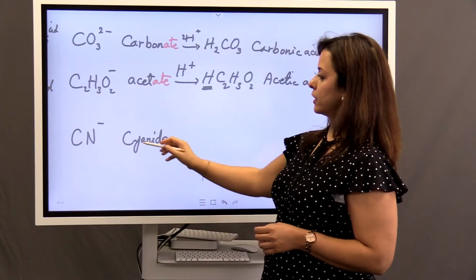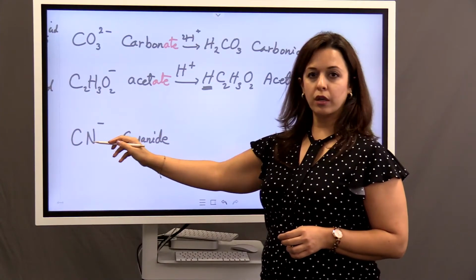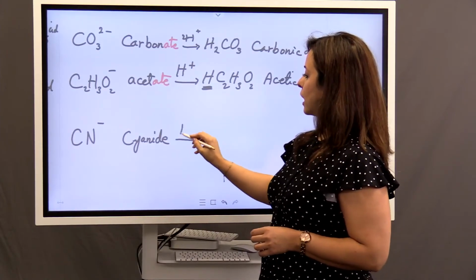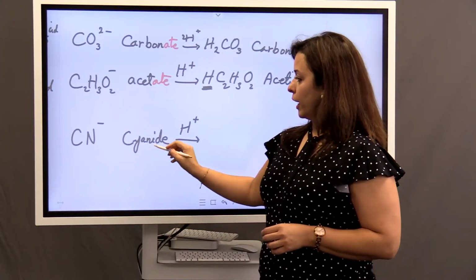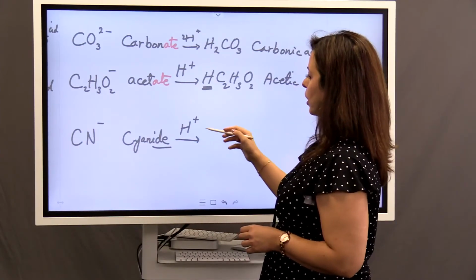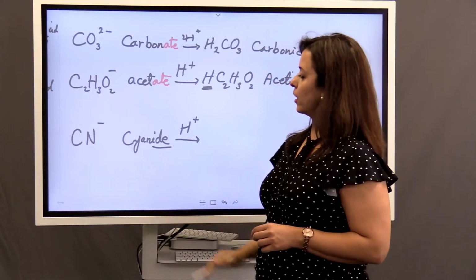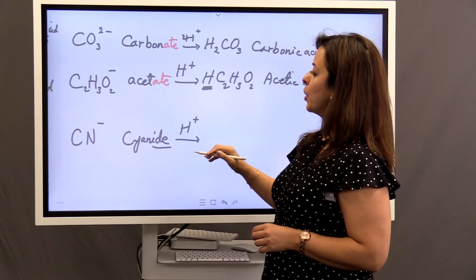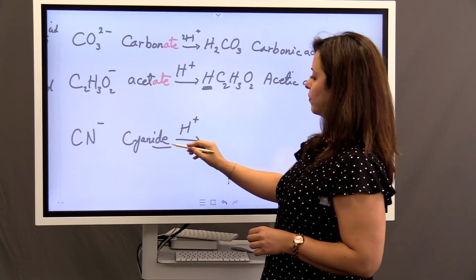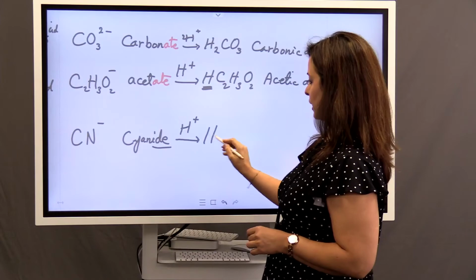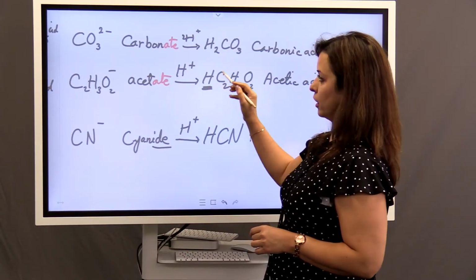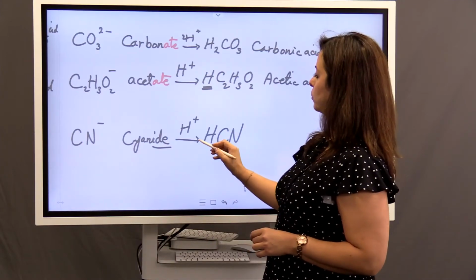And if you remember, this cyanide ion jumped into the category of polyatomic anions, but it's actually ending in IDE, just like the monoatomic anion. So you will have the name of a binary acid instead of the naming for polyatomic anions and oxyacids.